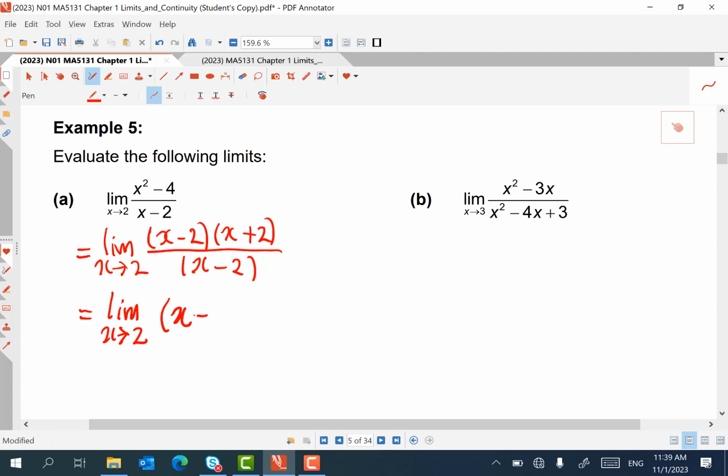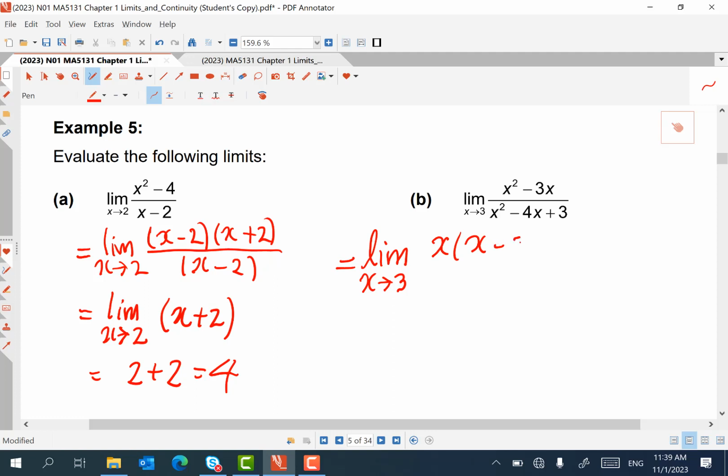And this gives you 4. Okay, then for the next one, the same thing goes, because if you were to put 3 into the fraction, you're going to run into an issue.